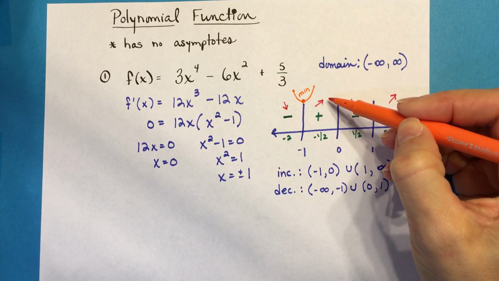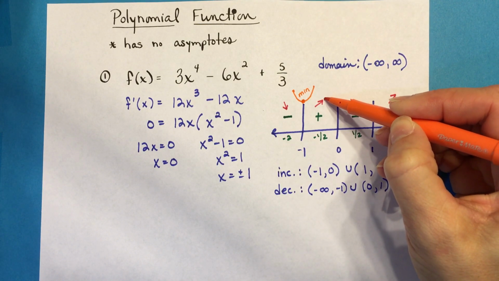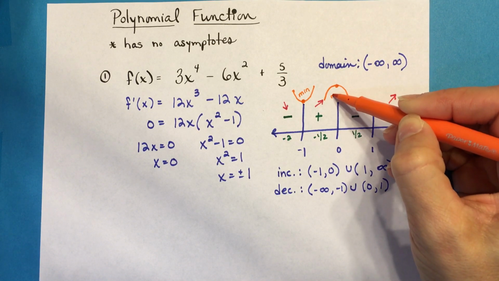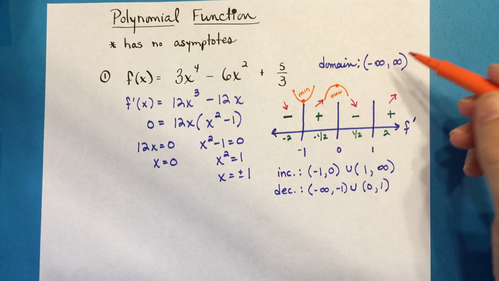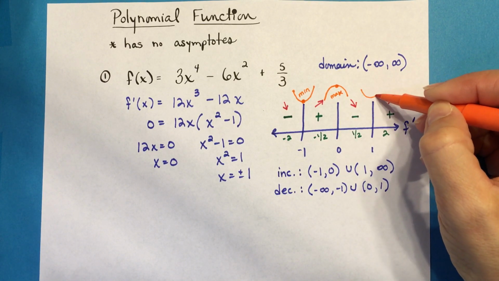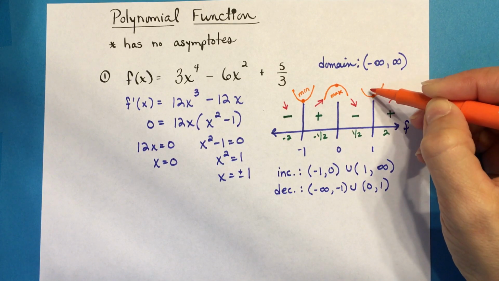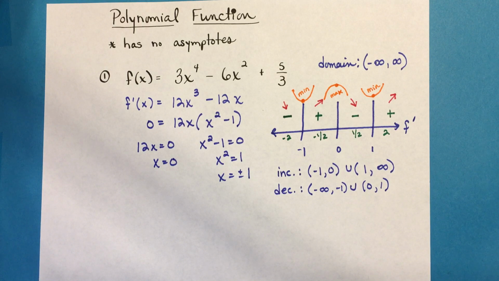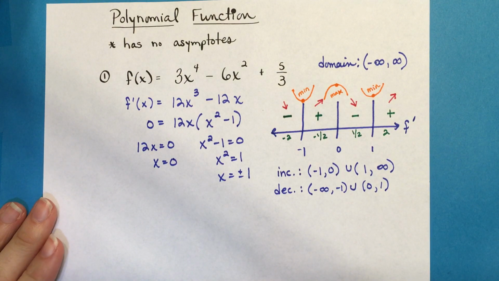Then here I have a section that's increasing, and once I reach the 0, it decreases. So right here at the 0 would have to be a maximum value. And then decreasing and then increasing, so again here, I would have to have a minimum value.